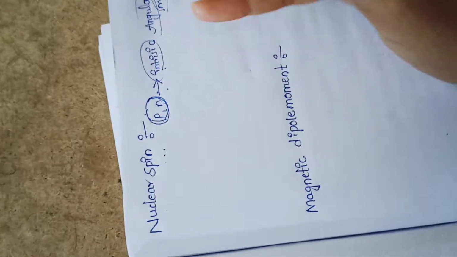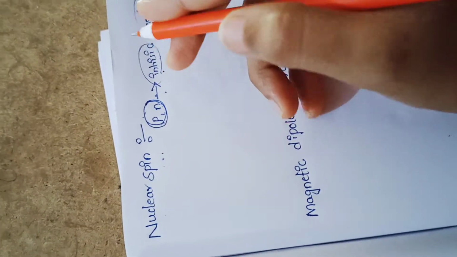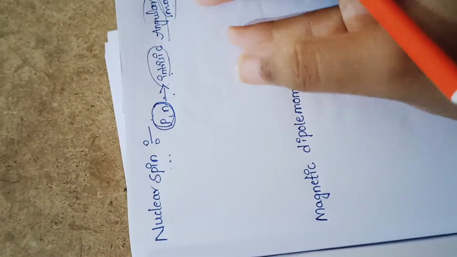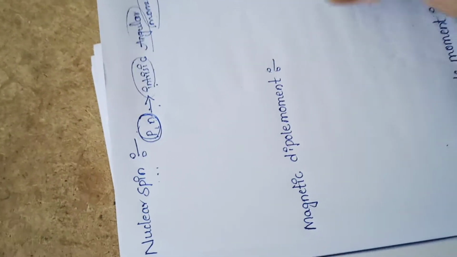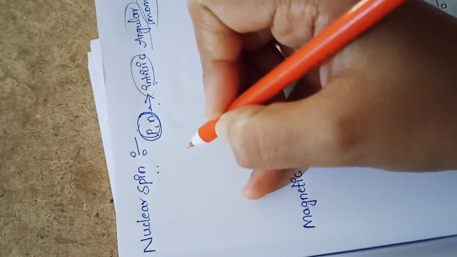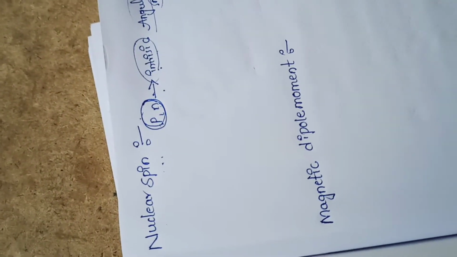So now proton and neutron both are having the intrinsic angular momentum. Now how can it be denoted? The angular momentum is spin angular momentum. Of course, I am saying that the proton and neutron both are having spin angular momentum.